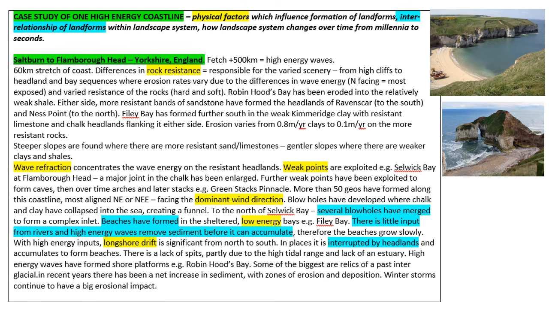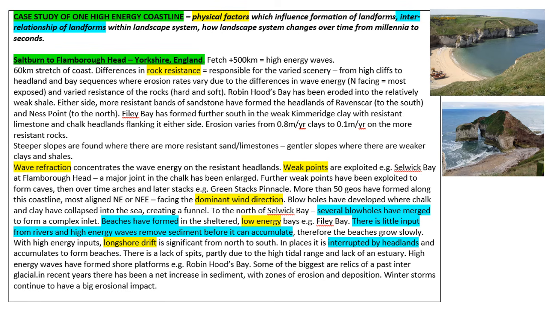There is a large fetch of more than 500 kilometres, which gives us high energy waves. It's a 60-kilometre stretch of coastline, and there are differences in lithology, in rock resistance. And what this gives us is headland and bay sequences due to differential erosion, due to the differences in wave energy in terms of the waves being dissipated with the orthogonals.